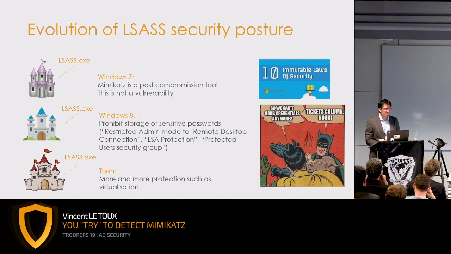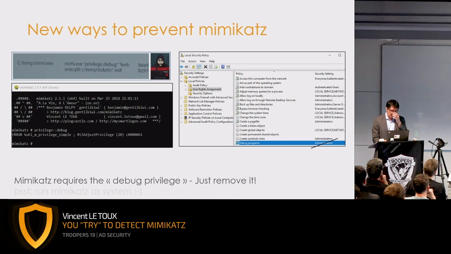This statement was made based on the 10 immutable laws of security, which explains that if you are an admin, you are not an admin anymore. So in Windows 8.1, they have made more protection, and in Windows 10, more and more protection. And we can see in the field many ways to prevent mimikatz.